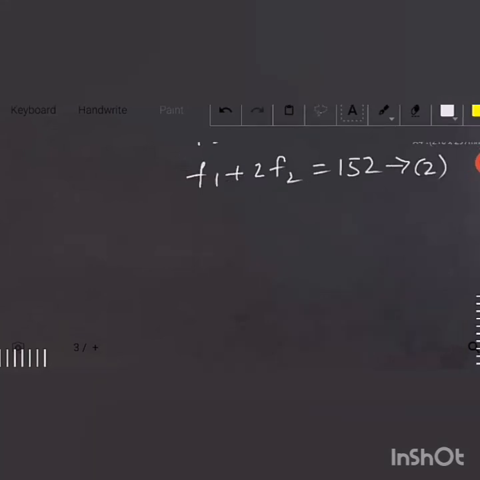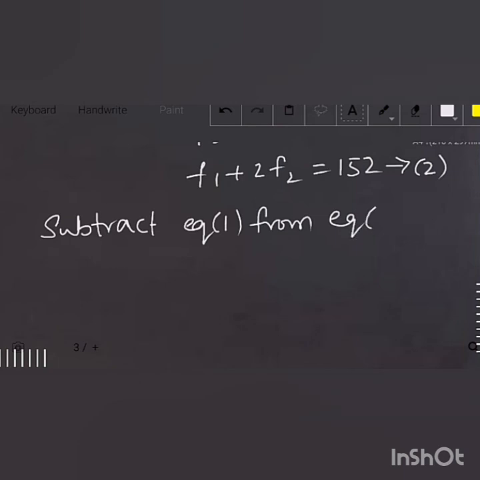Now subtract equation 1 from equation 2. We have f1 plus 2f2 equal to 152 and f1 plus f2 equal to 114.